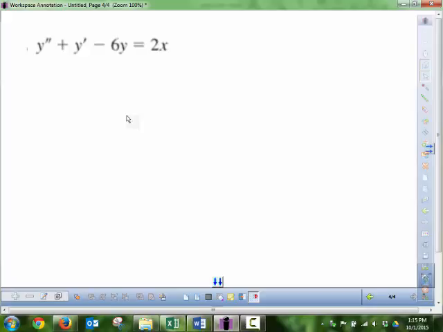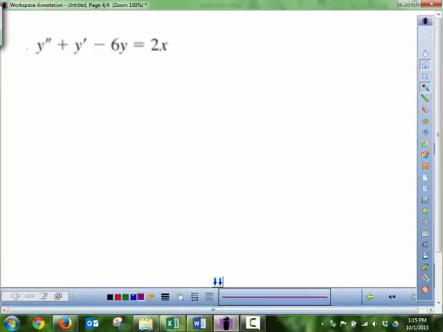All right, let's first imagine this as a homogeneous differential equation and find our general solution, at least the fundamental solutions. So let's imagine y double prime plus y prime minus 6y is equal to 0 and find solutions to that to start with.